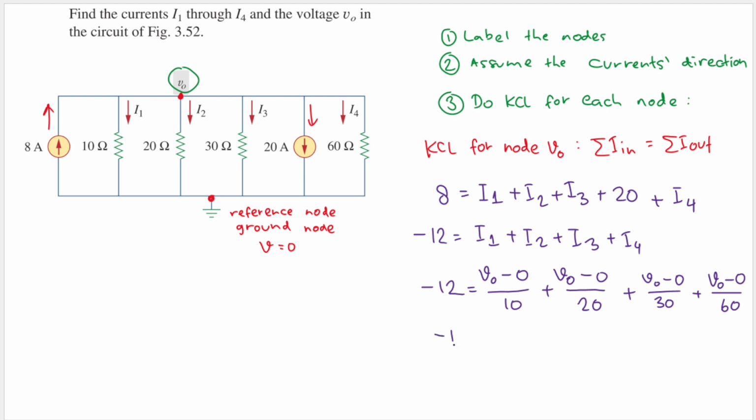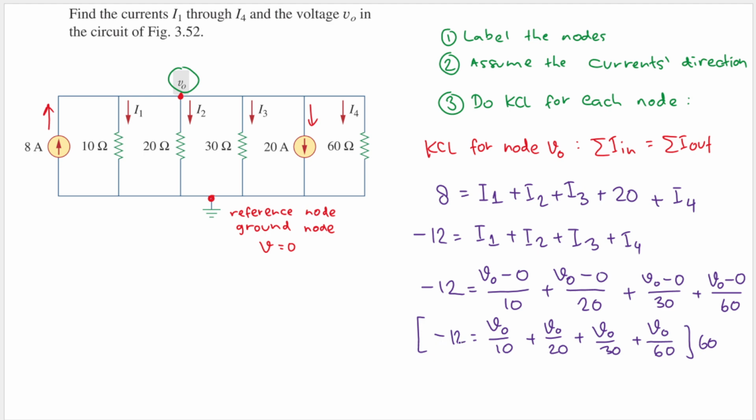So we have minus 12 equals V0 over 10 plus V0 over 20 plus V0 over 30 plus V0 over 60. Now we can multiply both sides by 60, because all the denominators 10, 20, 30, and 60 will cancel into this 60.